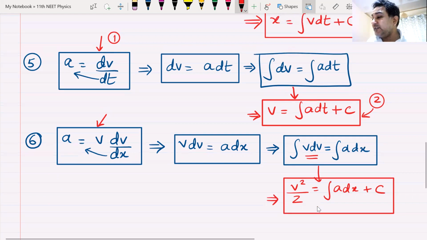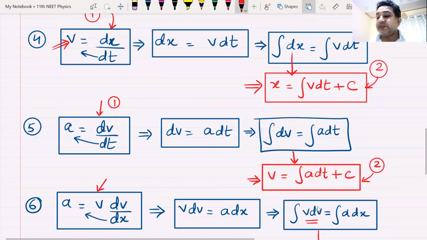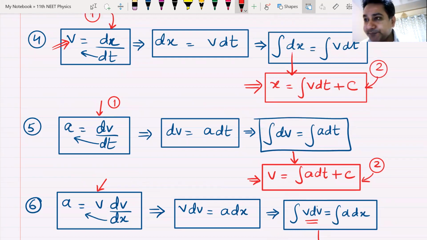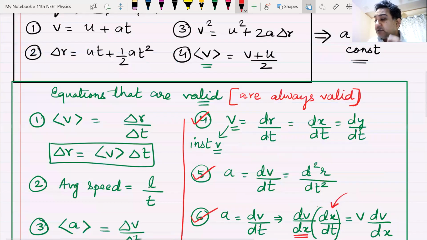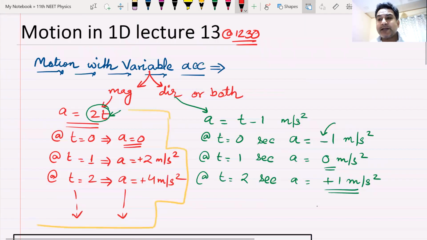Am I clear with all these three different variations of equation number 4, 5, and 6? Now the last thing that is remaining is solving a question and seeing how we are going to apply all these. Remember, this is the last class for this chapter. So we'll be applying everything that we have learned till now here.